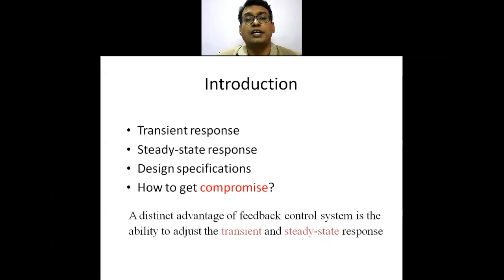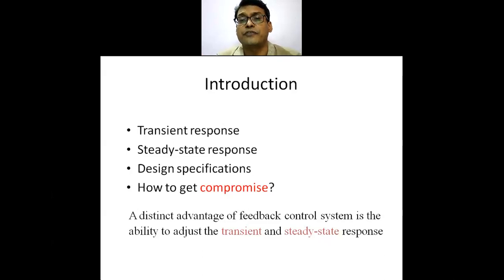This is called the steady state response. It will show the same body temperature, for example 98.6 degrees Fahrenheit. That will be our standard. So it will come to that steady state and remain there. There will be no change after it attains the steady state or the equilibrium state.